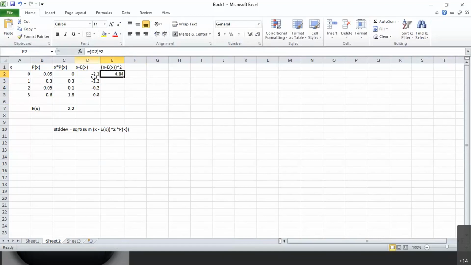I'm putting it in parentheses because some of the values are negative, and I want to make sure I get all positive squared values. All right, so that's them squared.